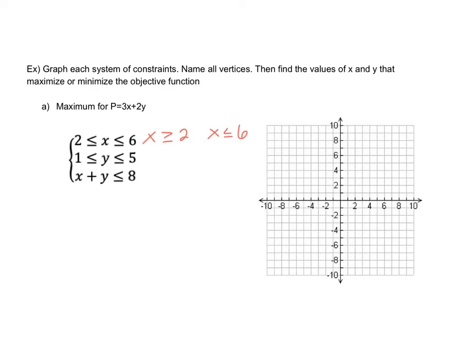That would be a vertical line at 2. Which way are you shading on that one? Greater than 2 would be shading to the right. I'm not going to shade just yet. And then the next one would be x is less than or equal to 6. So that would be a vertical line at 6.